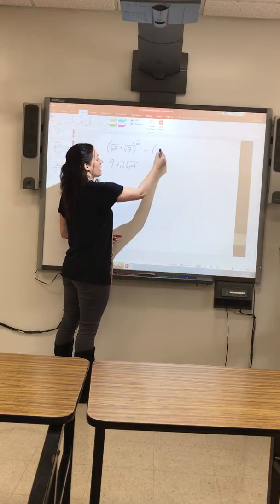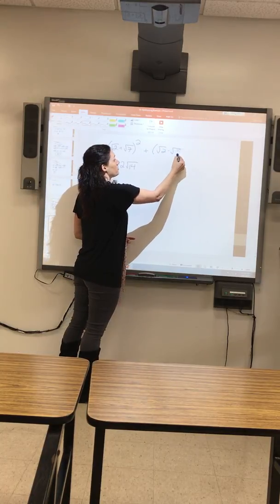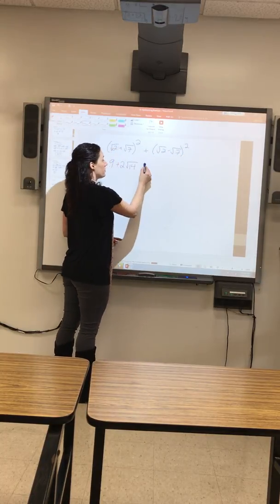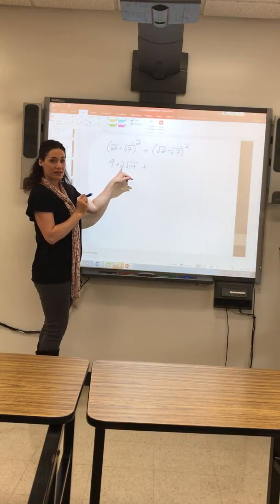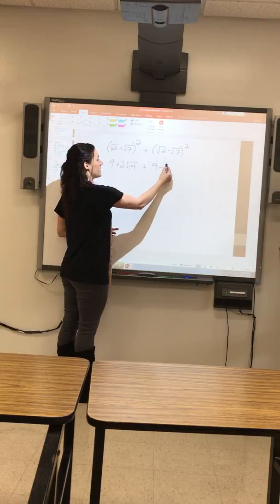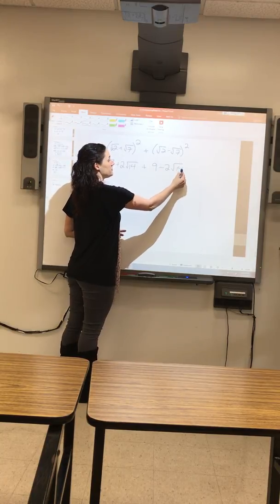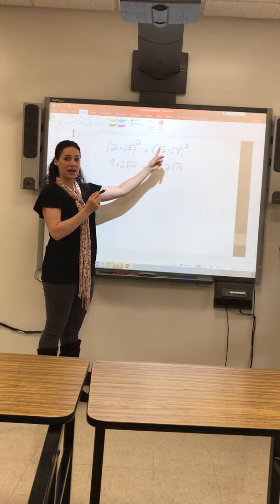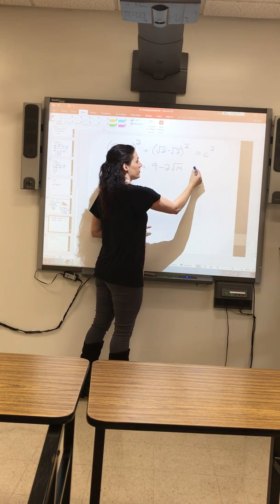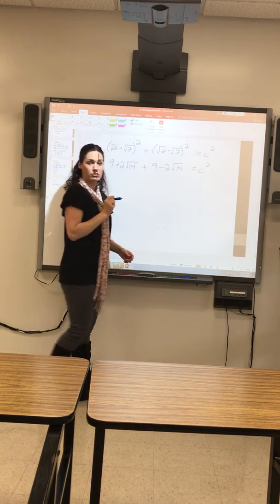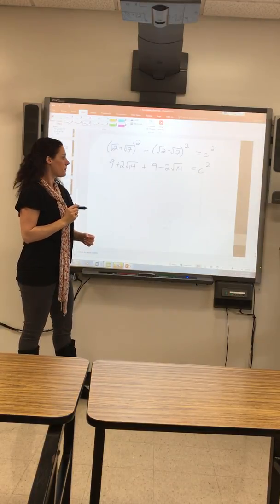Plus, then we had square root 2 minus square root 7 squared. And what that simplified was exactly this, but with a minus in the middle. So we get 9 minus 2 square root 14. And each of these sides squared added together should equal the hypotenuse squared. So it's going to equal c squared.